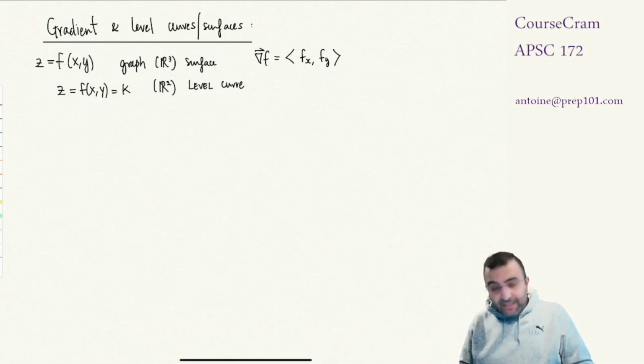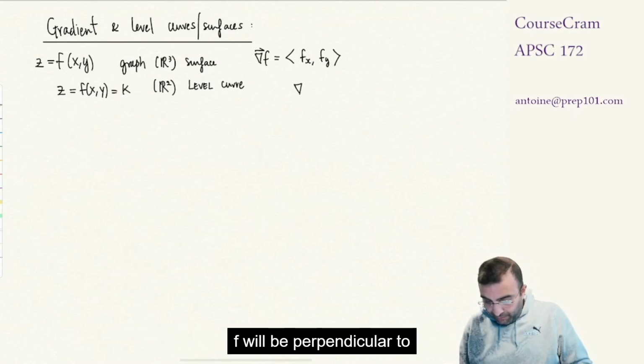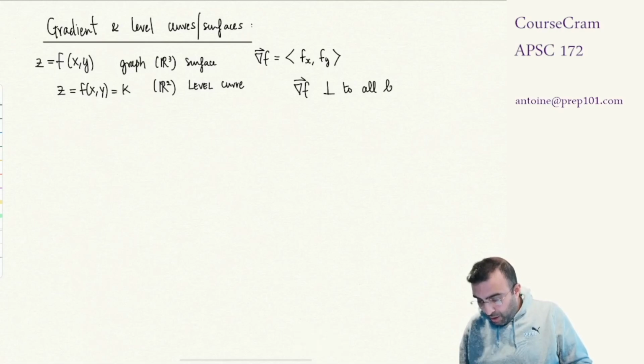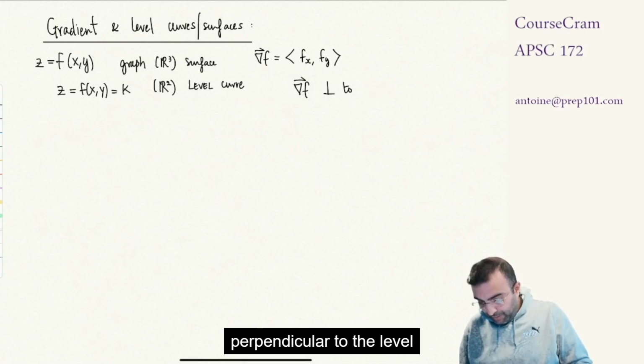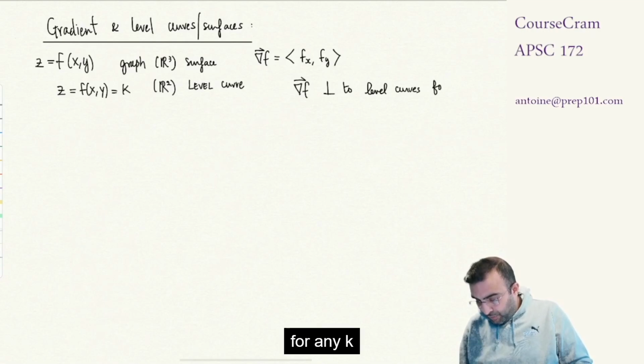So the gradient, our magnificent gradient, the gradient of f will be perpendicular to the level curves for any k.